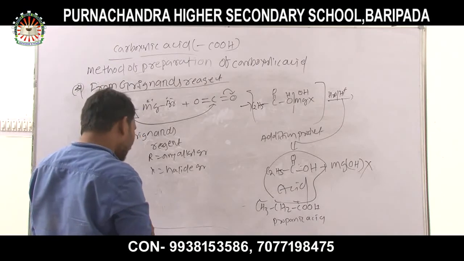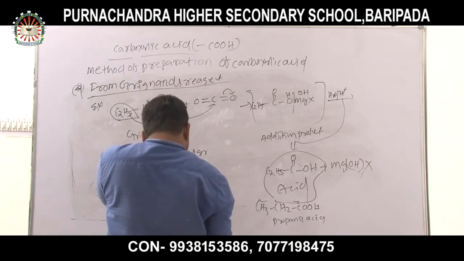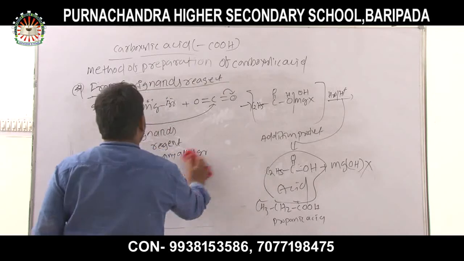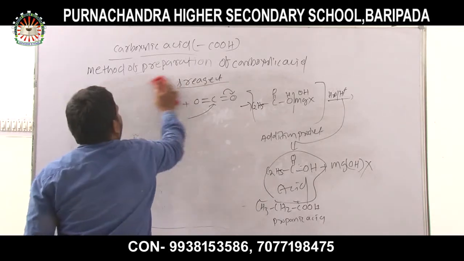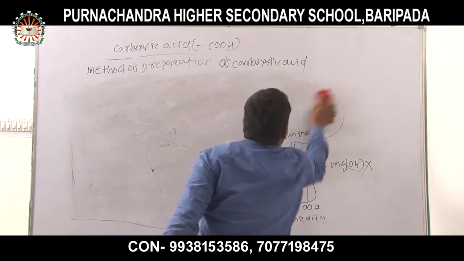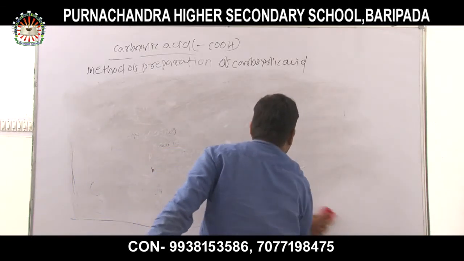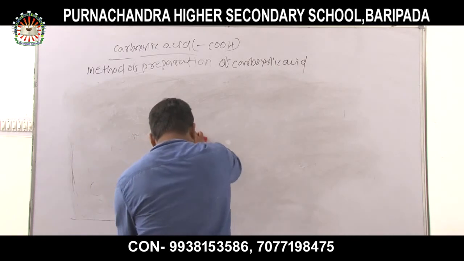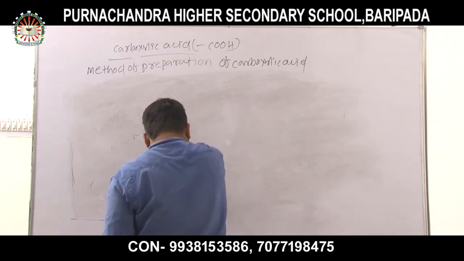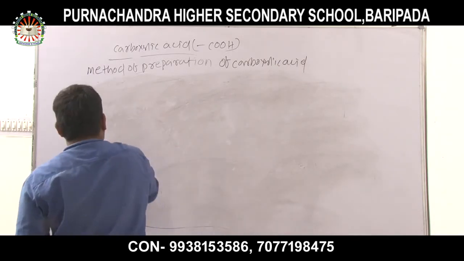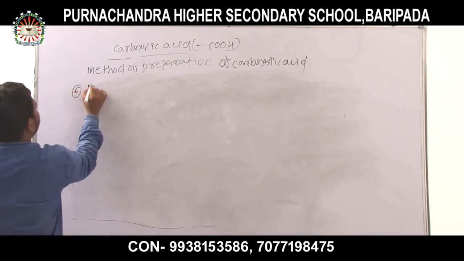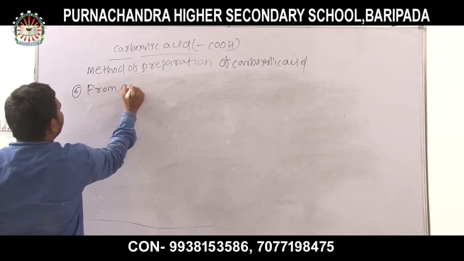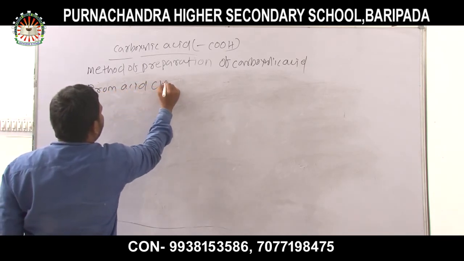Then the sixth and last one is from acid chloride and anhydride. How can carboxylic acid be prepared or formed from acid chloride?